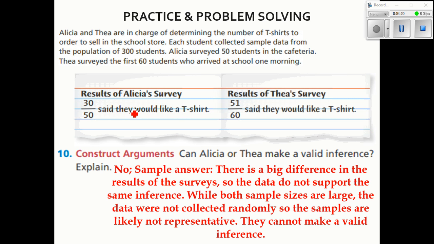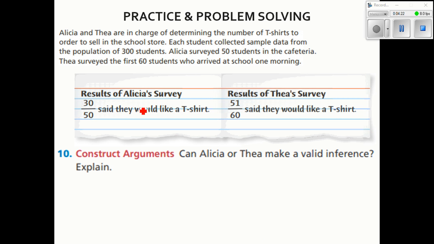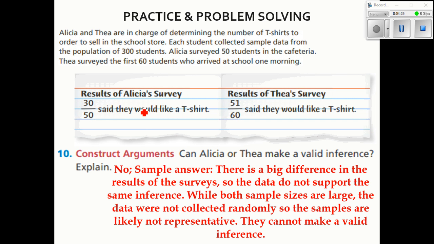Remember, Alicia had 180 out of that group of the 300, and Thea had 255. That's a huge difference, so the data does not support the same inference. While both sample sizes are large, the data were not collected randomly, so the samples are not likely representative. They cannot make a valid inference.